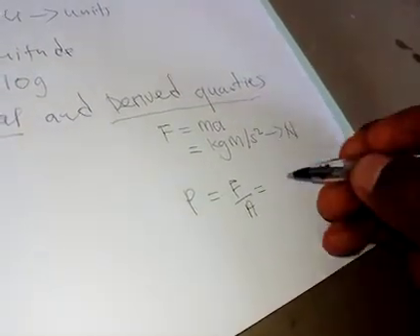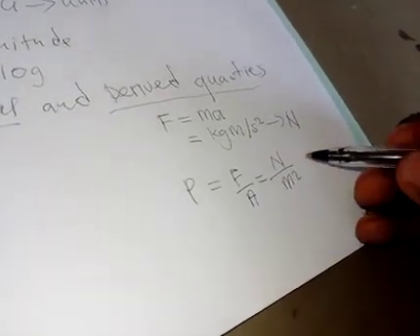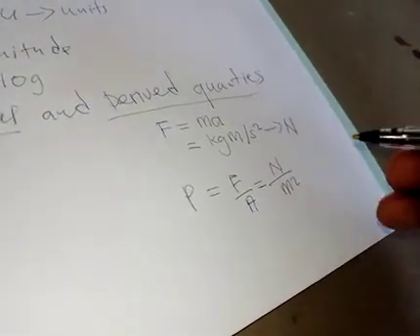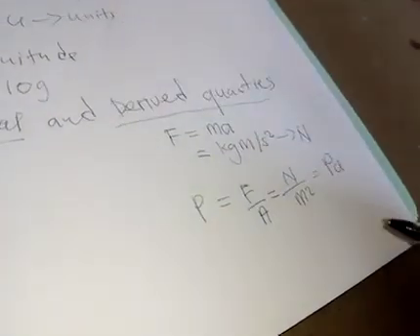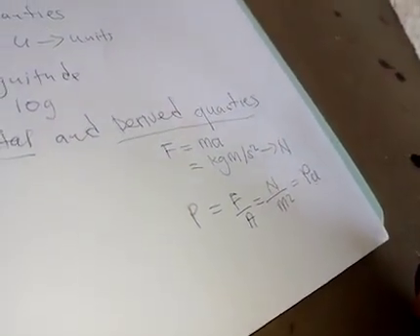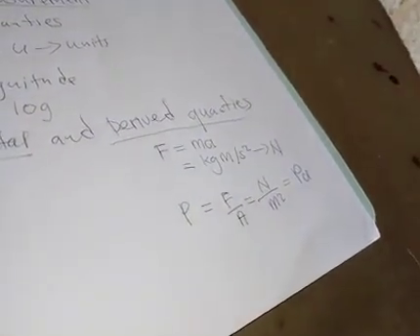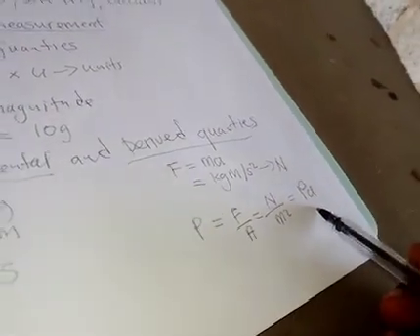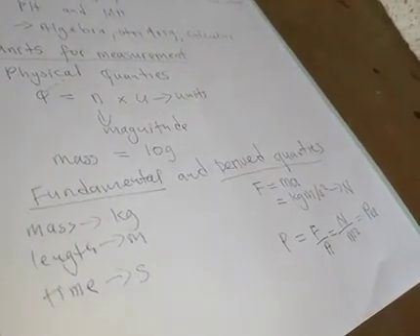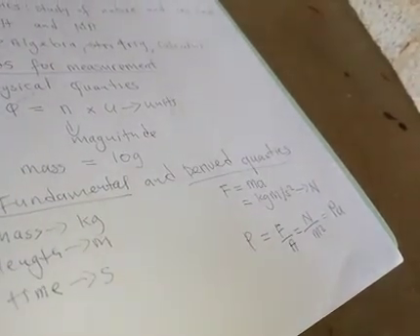Force is in newtons and area in meter squared. Therefore, Newton per meter squared is simply a Pascal, which is a special name as well. So these are the two categories of physical quantities which we have, fundamental and derived quantities.